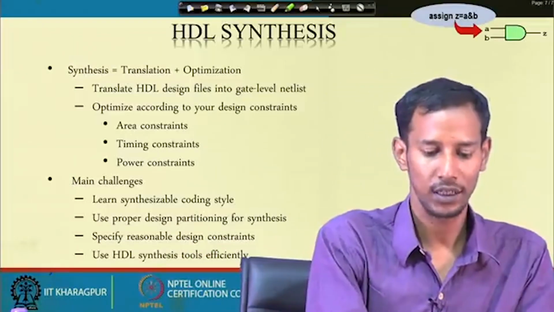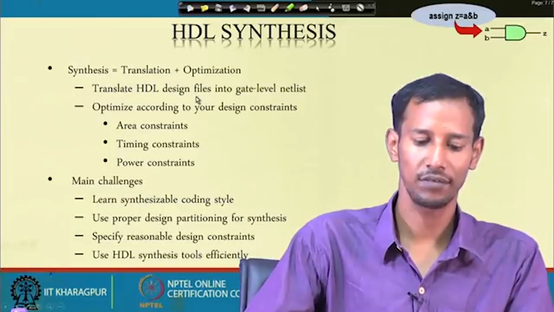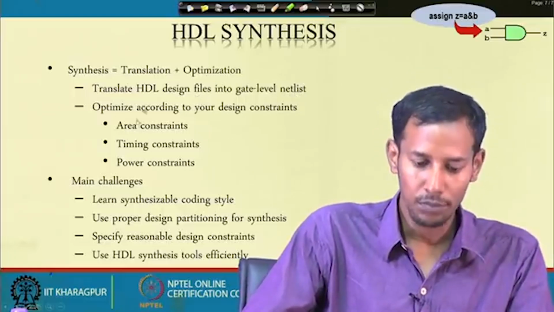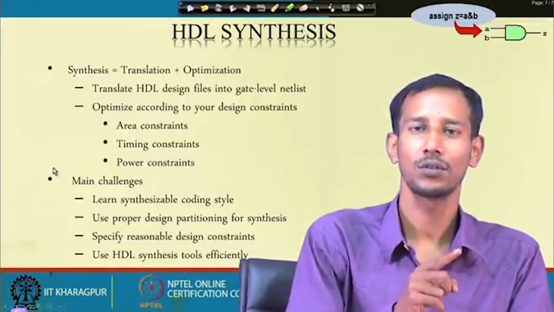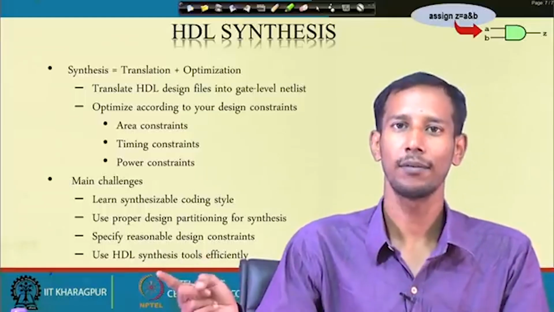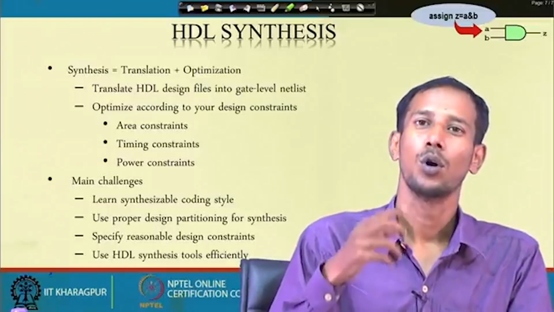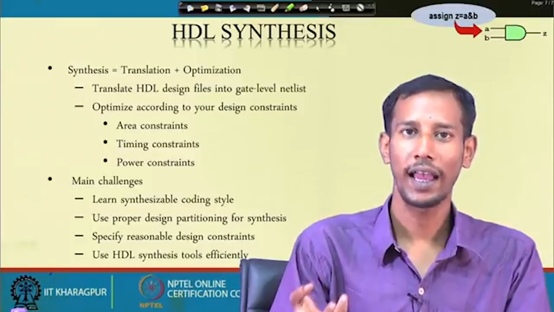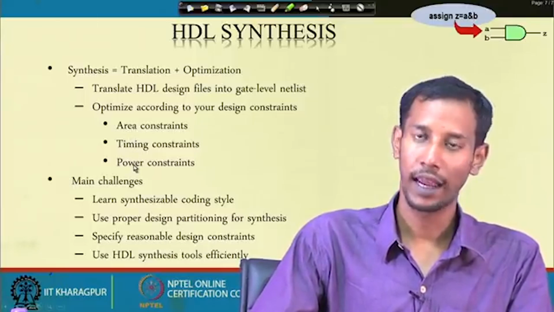The first thing is to translate HDL design files into the gate level netlist. Okay. Whenever I am converting from the logical expression to the gate level expression, at that time I can achieve more optimization to achieve better performance in terms of area, timing and power.